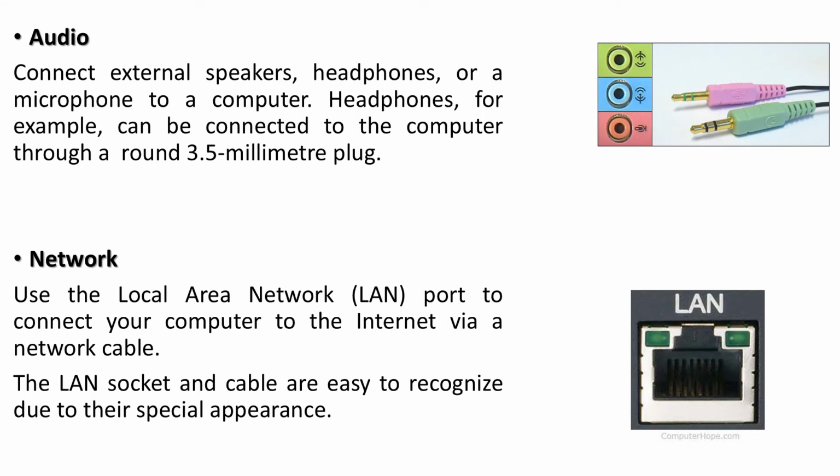As you can see in the diagram, it has some light indications. Whenever I plug a network cable into this port, some LED will blink, showing either green or orange color nowadays. It will be of different speeds, so 100 Mbps, 1 gigabit, different ports will be available of different speeds.